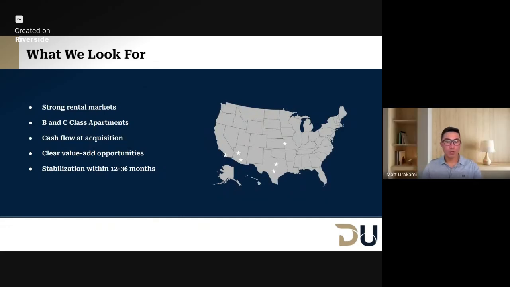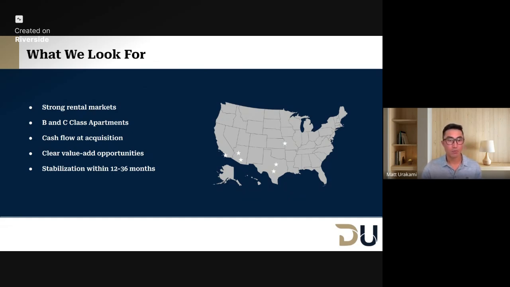So part of the background work of general partners or sponsors is finding markets that are suitable for your investment strategy as you acquire these properties. So we're looking in strong rental markets, as Hayden mentioned. The demographics and macroeconomics of Kansas City as a whole were attractive to us and fit our investment strategy.